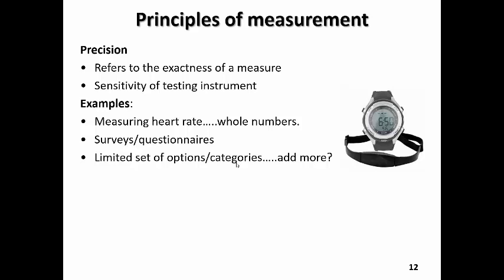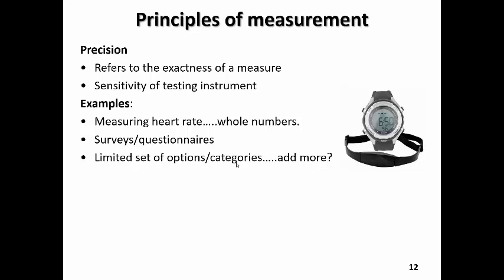So should they add more categories? Sometimes adding more precision does not provide any more useful information. Too few categories, too little precision, doesn't provide the requisite amount of information that the researchers would be looking for either.